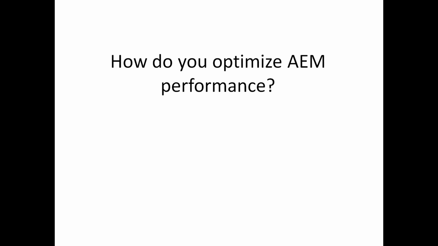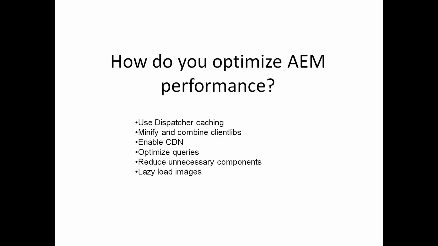How do you optimize AEM performance? In your project, you have to say how you optimized the performance, like use dispatcher caching, client lib minification, CDN integration, lazy loading, optimizing backend queries.